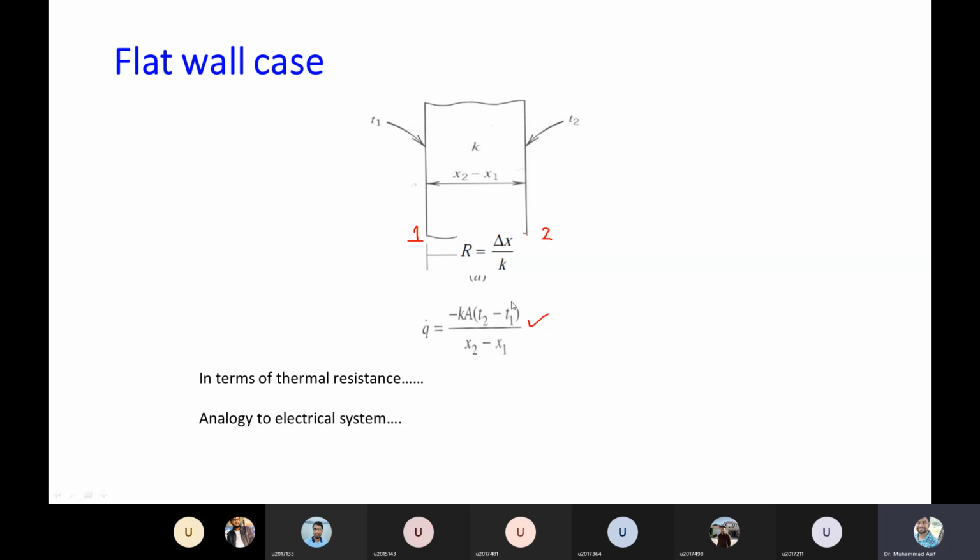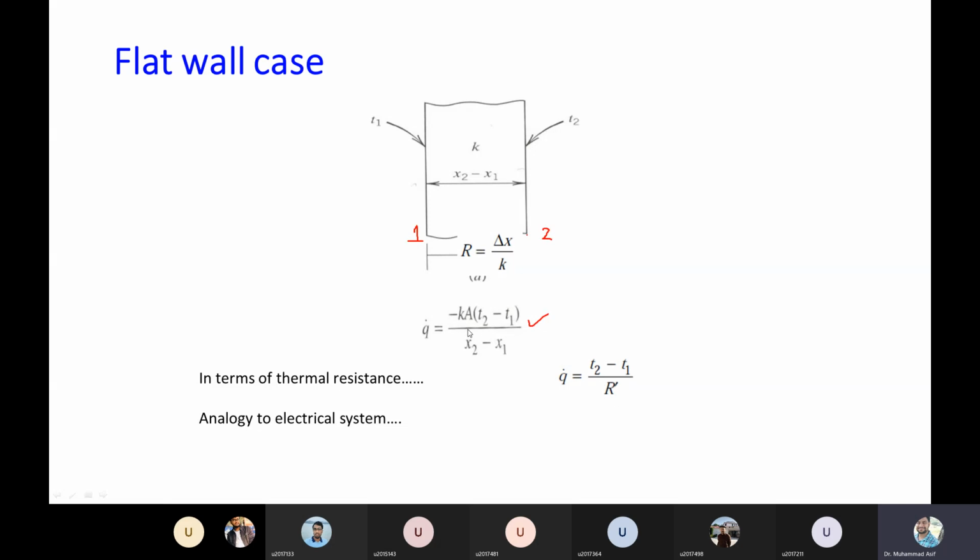If T2 minus T1 is the temperature gradient, then because of that gradient heat Q dash flows. So we can make an analogy to an electrical system by converting this into a thermal resistance, which is resistance to heat transfer. You can see this is the temperature gradient and this is the resistance.